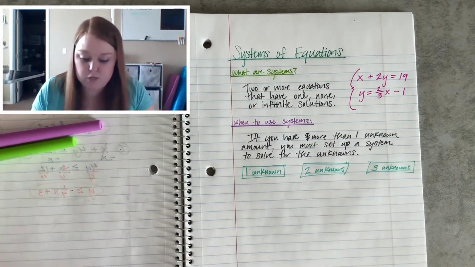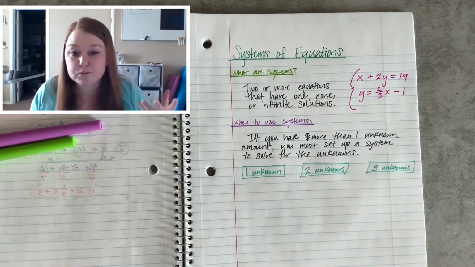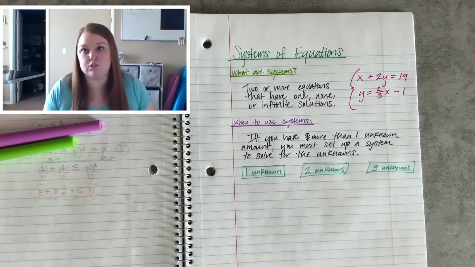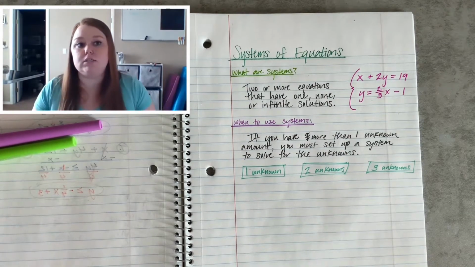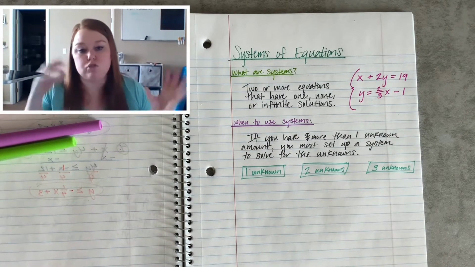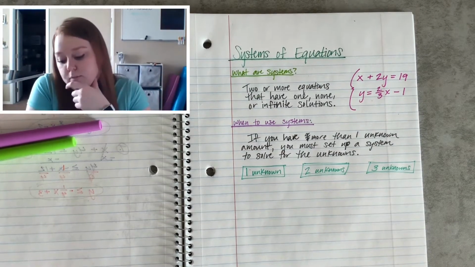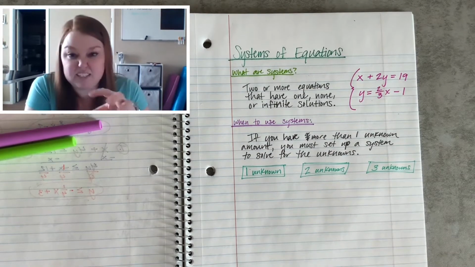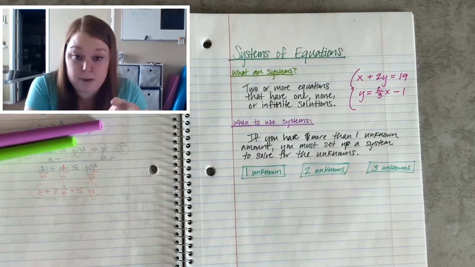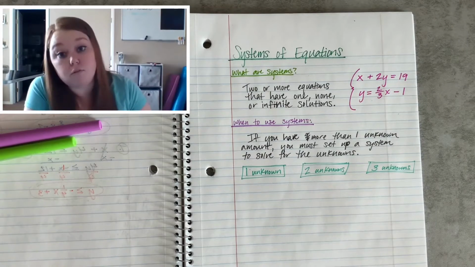So when I'm talking about unknowns, I'm talking about variables. When you see a variable, it stands for an unknown number. Sometimes that number can change, like if it's in a linear inequality or equation. But sometimes that number is fixed, a specific amount that you're trying to solve for.